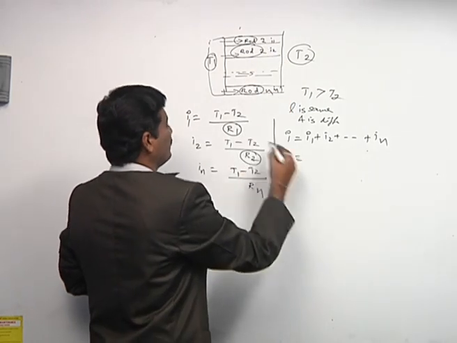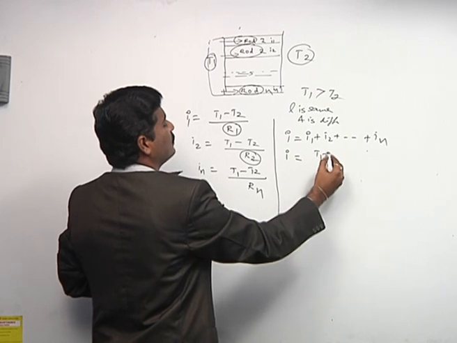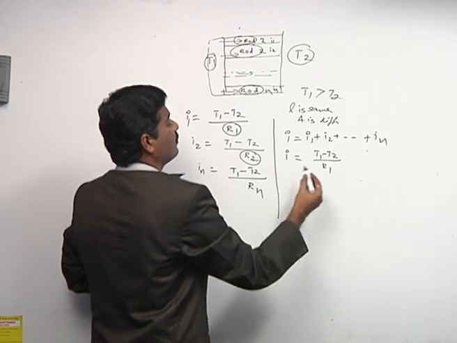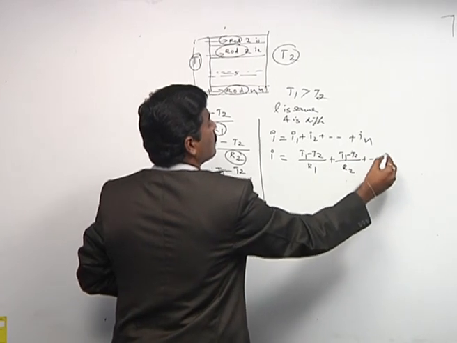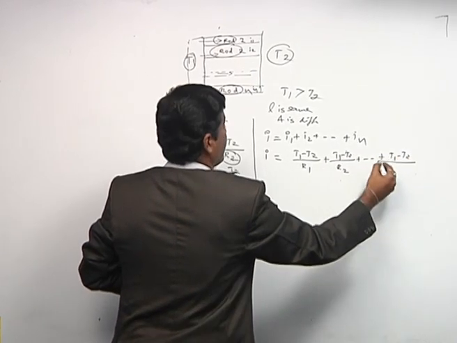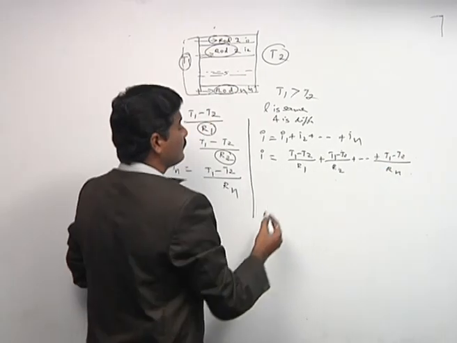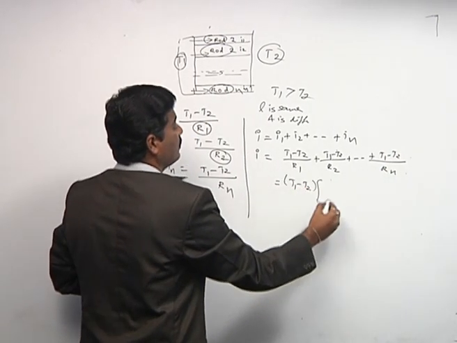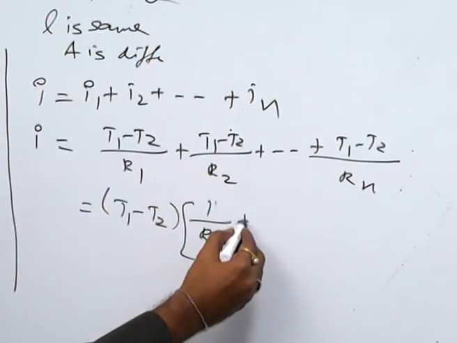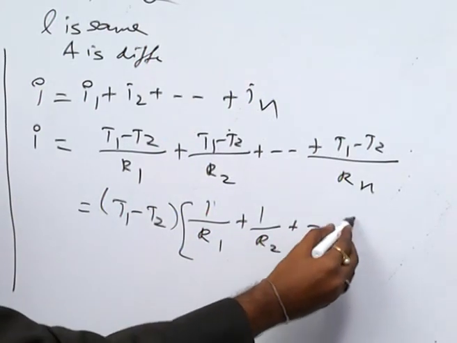Adding everything, T1 minus T2 by R1 plus T1 minus T2 by R2 and so on, up to T1 minus T2 by Rn. We can take T1 minus T2 common: 1 by R1 plus 1 by R2 plus 1 by Rn.